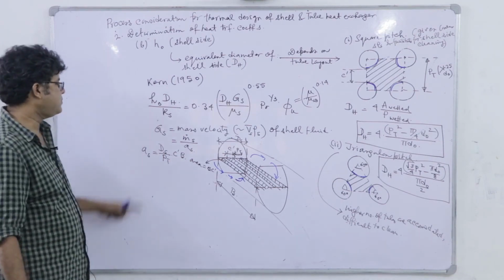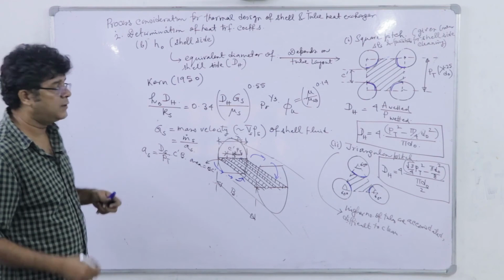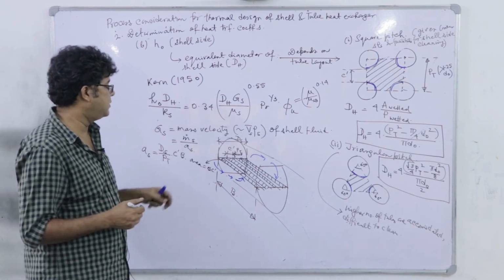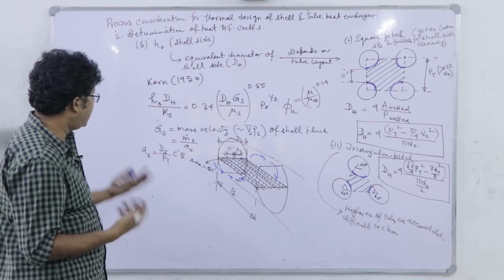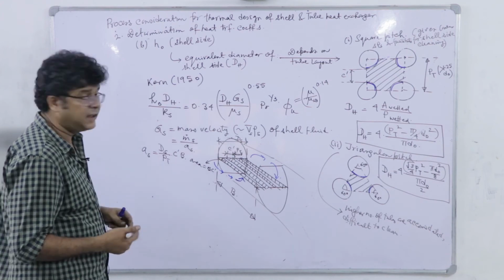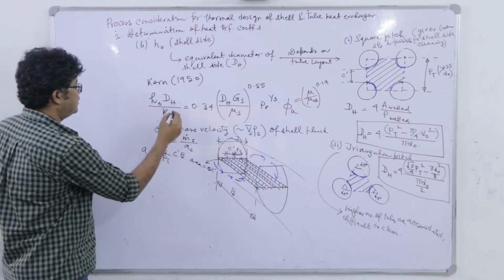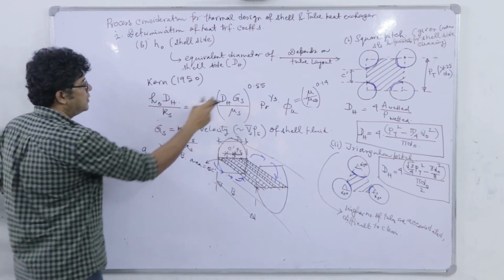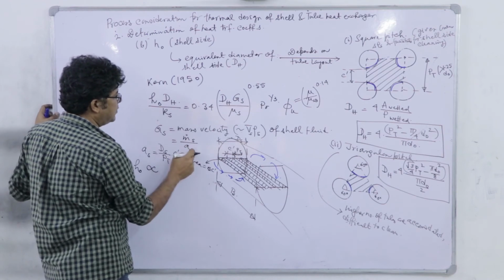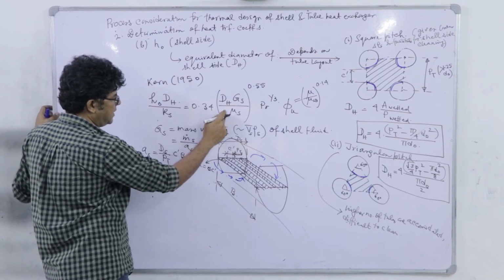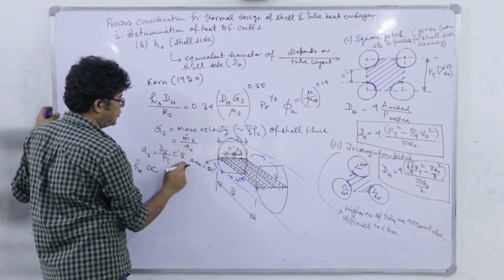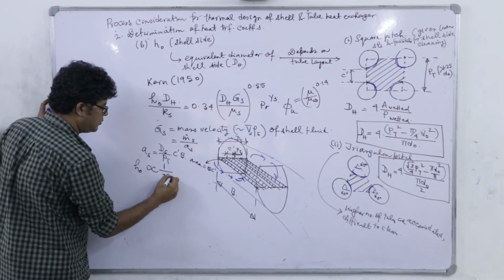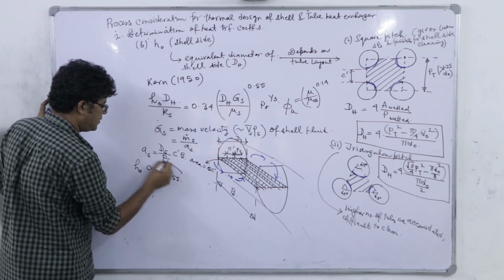Okay. So you see from here we can get a direct quantitative relation between the baffle spacing and HO. HO becomes proportional to GS to the power 0.55, and in GS we have m dot S in the numerator and AS in the denominator. AS is proportional to B, so HO is proportional to 1 by baffle spacing to the power 0.55, right.